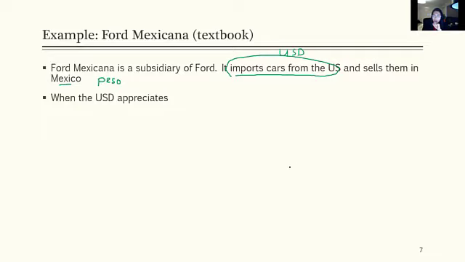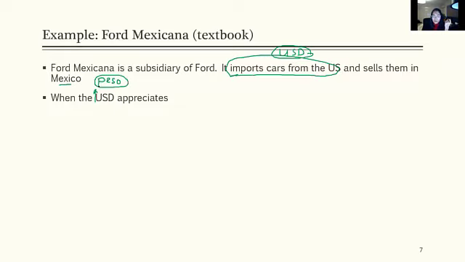So here I'm going to agree with the two people that answered expenses increase, right? So that's the correct answer. That's because for this particular business model, my expenses are denominated in the USD, okay? So when the USD appreciates, it makes it more expensive for me to produce the cars, okay?